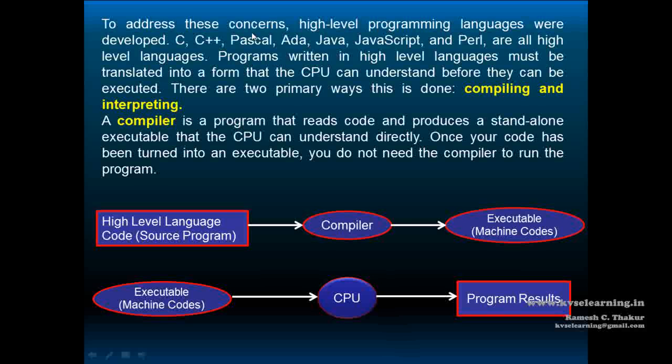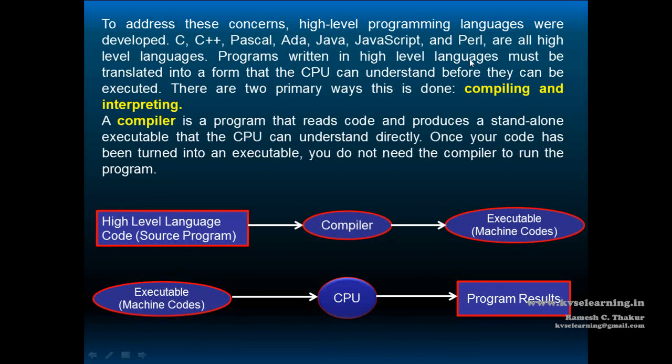To address these concerns, that is, the problems associated with machine language as well as assembly languages, high-level programming languages were developed. C, C++, Pascal, etc. are all high-level languages.